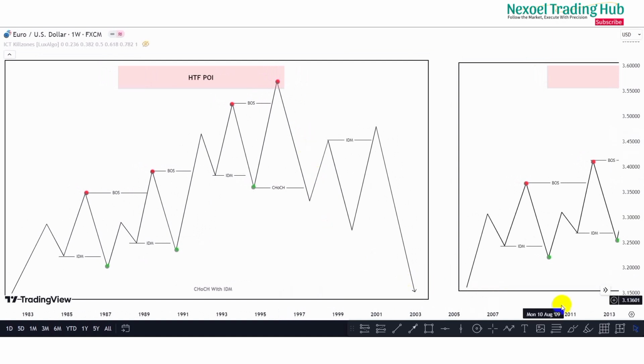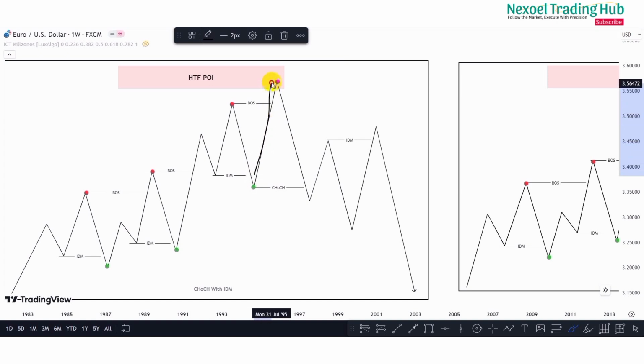Now, what I'm basically saying is we have price push to the upside, we have a break of structure, and then you will see price return to the downside and break the higher low point that broke the structure. So you would see this higher high point was actually broken with a candle body close above it.